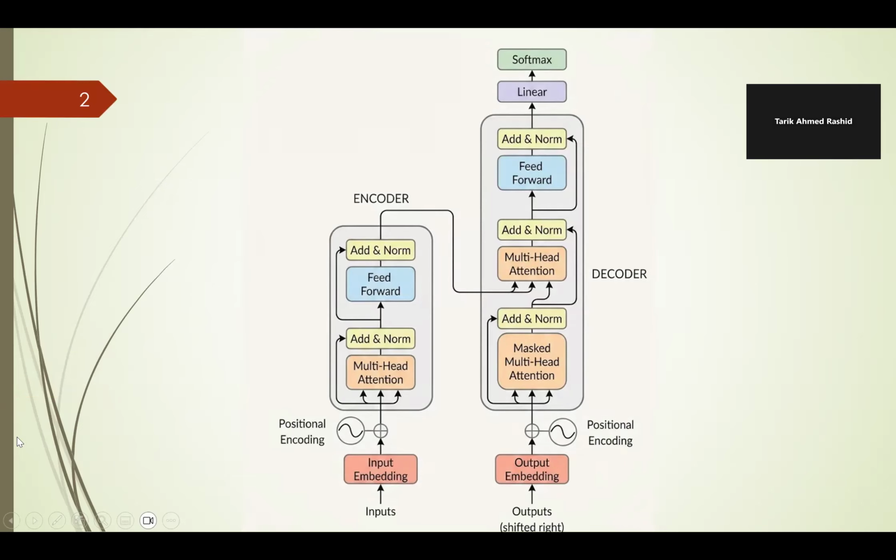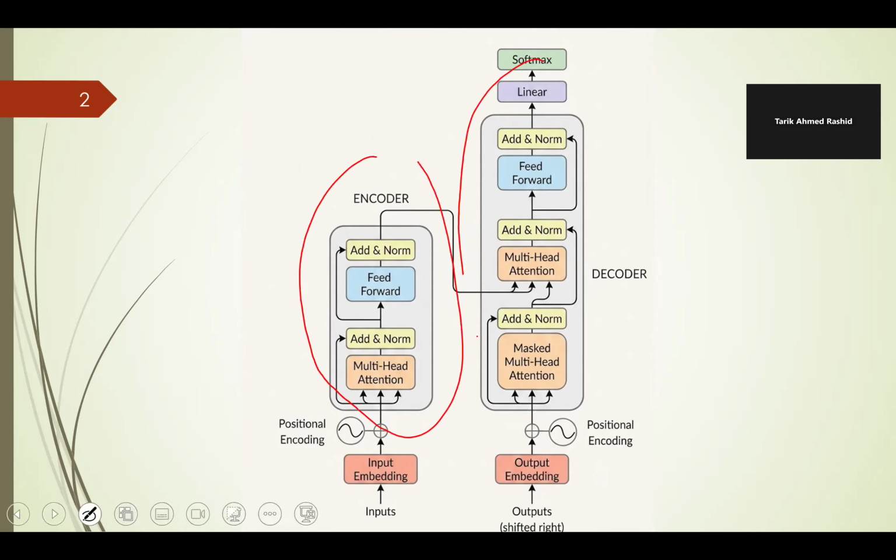In the previous parts, we talked about the encoder in general and the decoder in general. So that's part one. In part two, we talked about the positional encoding plus input encoding.